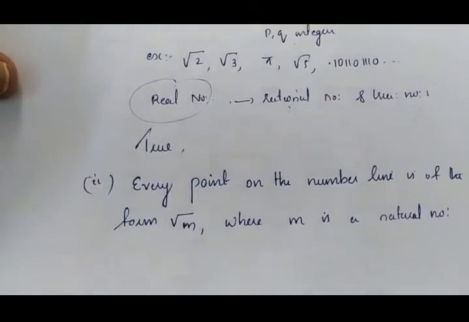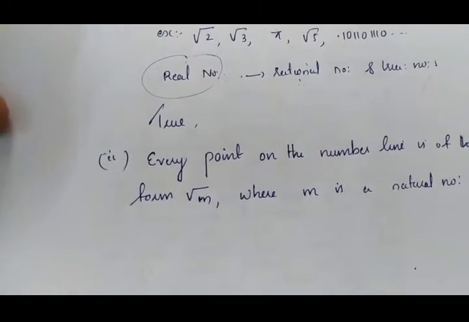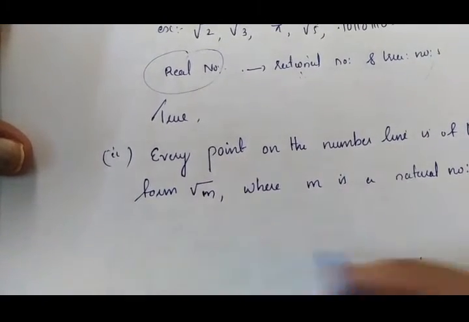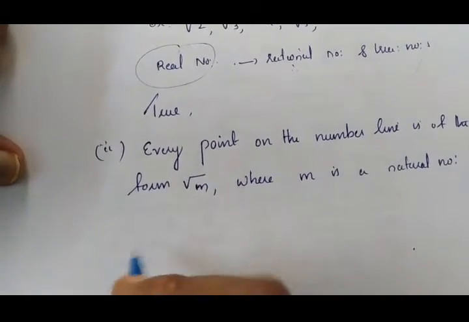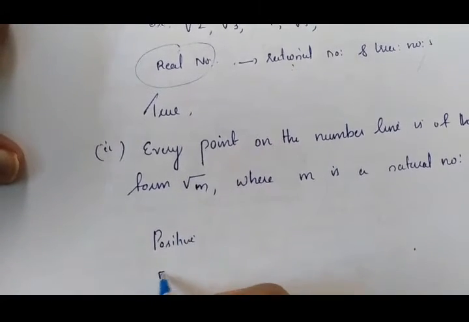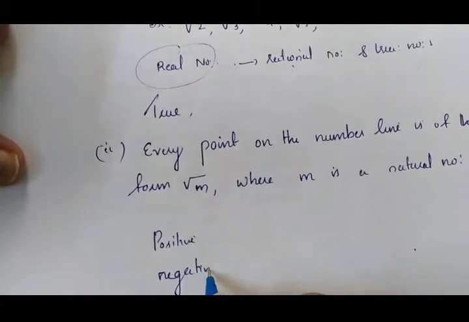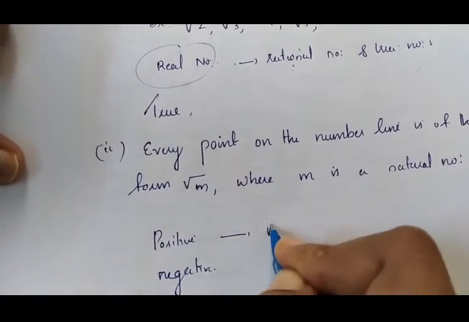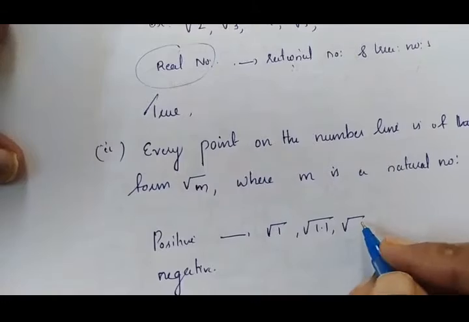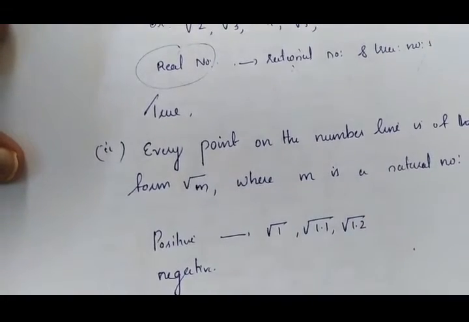In the previous class we also discussed what a number line is and how to represent it. The number line includes all kinds of numbers, positive and negative values. Positive numbers like root 1, root of 1.1, root of 1.2.